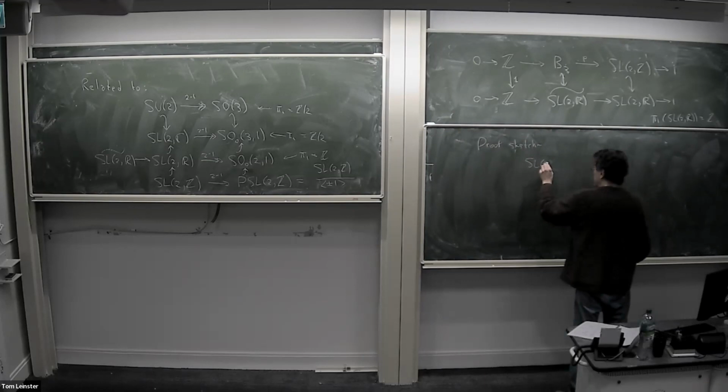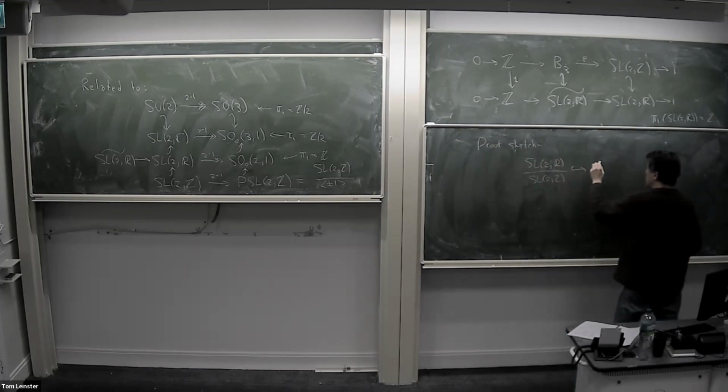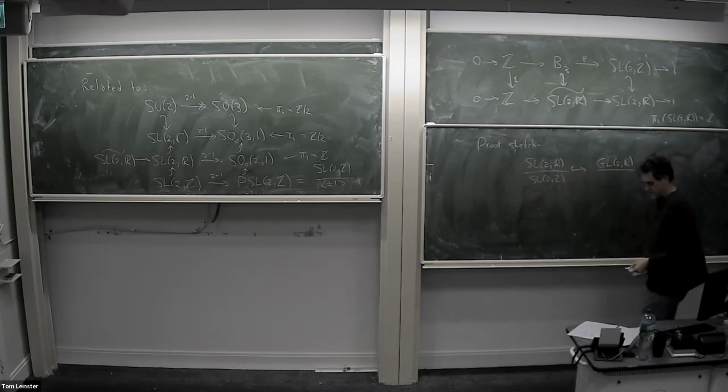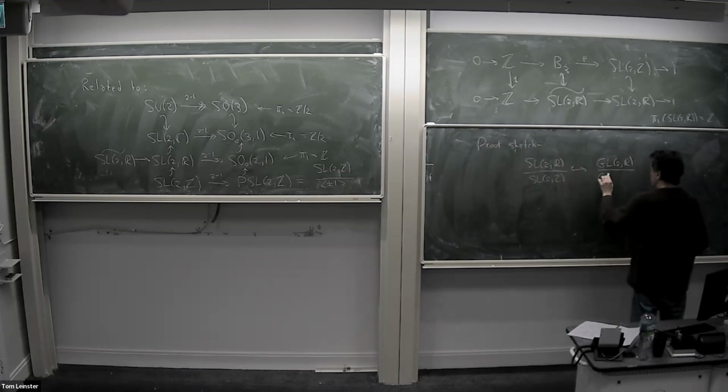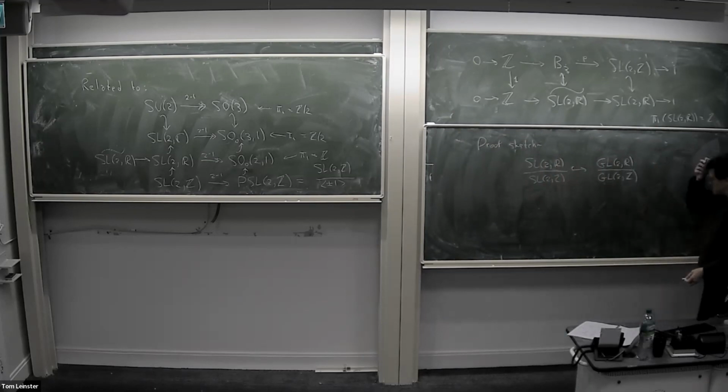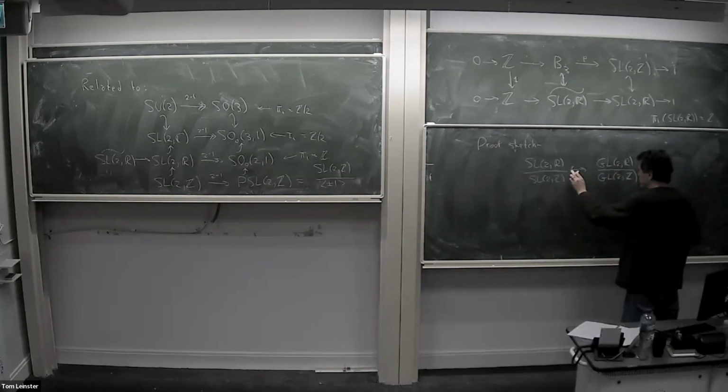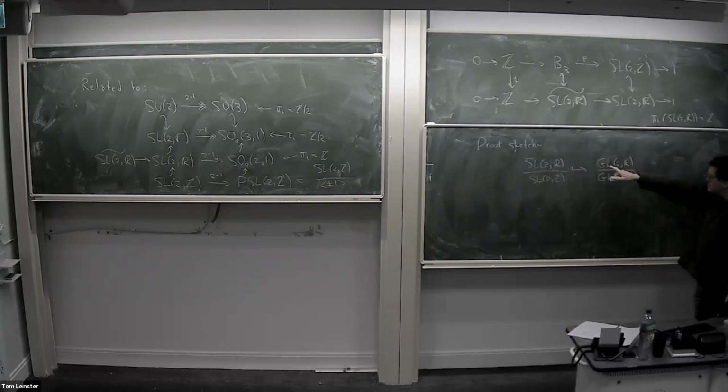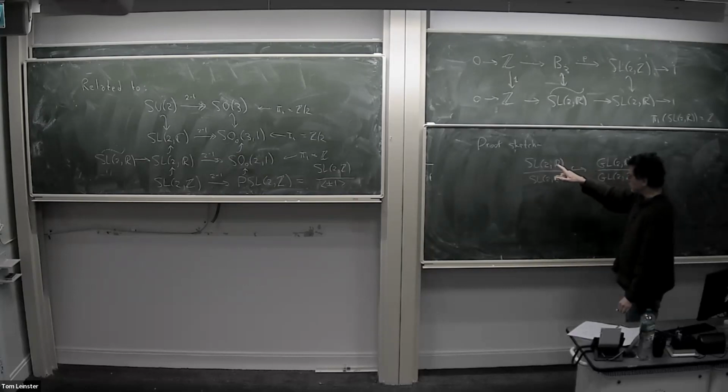So first of all, this space SL2R mod SL2Z, it's included in a bigger space, which is GL2R mod GL2Z. And it actually is an inclusion. So the idea here is that this is all invertible 2x2 matrices with real entries or integer entries, whereas here we just have ones with determinant 1.